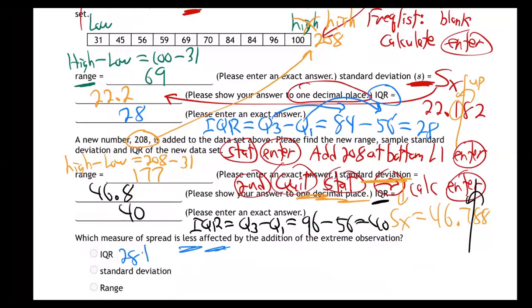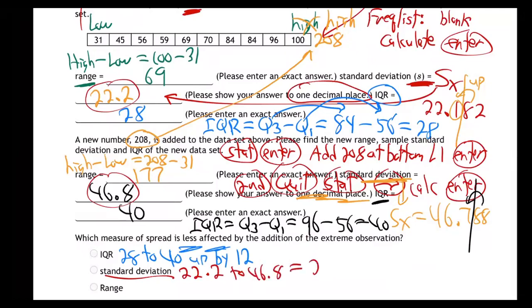It went up by 12. You subtract those, it went up by 12. What about the standard deviation? It went from 22.2 to 46.8. If you subtract those, it went up by 24.6.